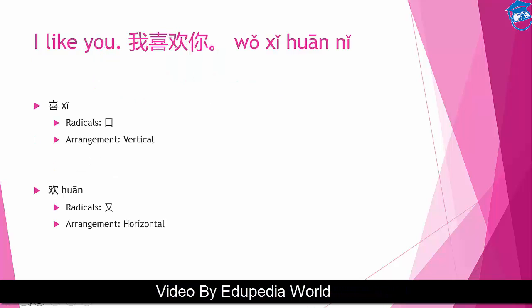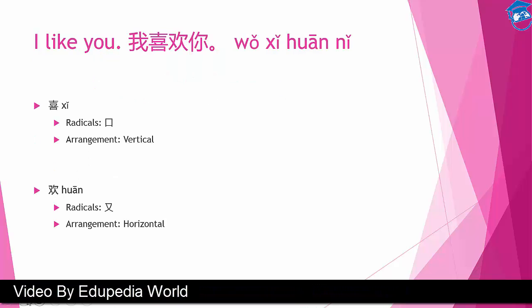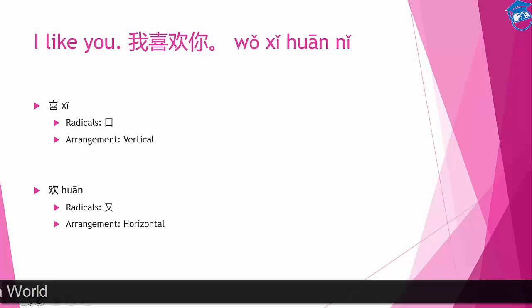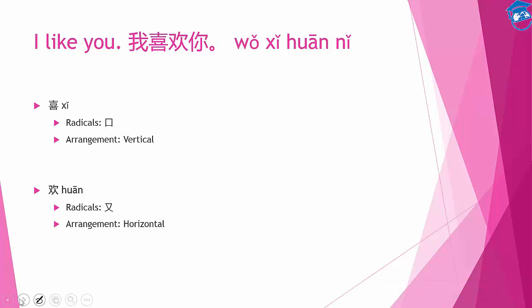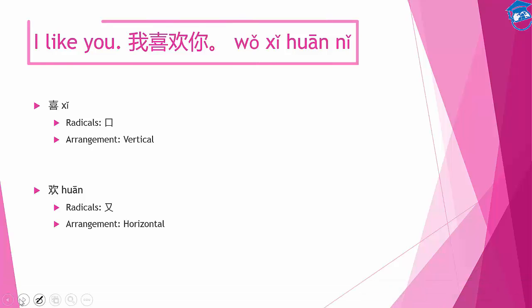The next one. For this one, I just want you to learn a new verb. So the sample sentence I have here is I like you. So the way to say it in Mandarin is 我喜欢你. So 喜欢 just means like.